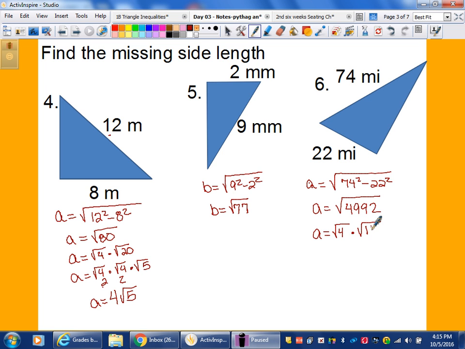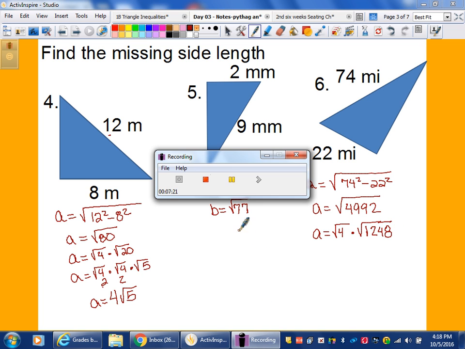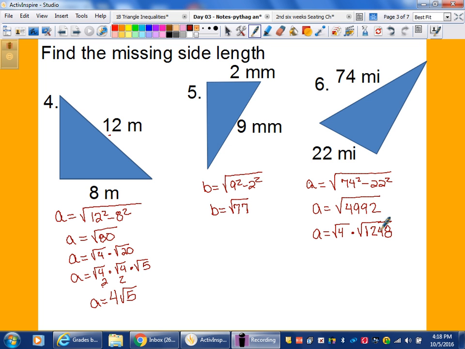It'll be 1,248. Now we'd say, is 1248 divisible by 4? Yes, it is.